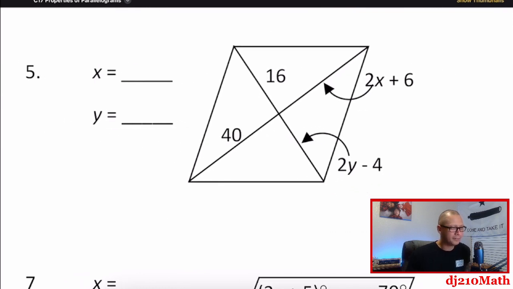All right, number 5. All right, so the arrows are indicating that the line segment, right? I wonder, is it saying that the whole diagonal is 2x plus 6?